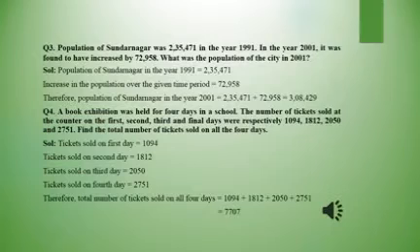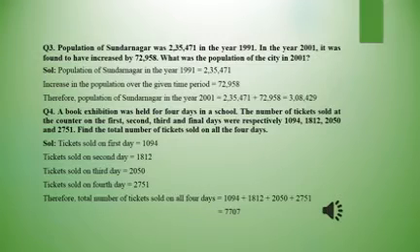So next is question number 3: the population of a place named Sundarnagar was 2,35,471 in the year 1991. Then in the year 2001, it was found that the population had increased by 72,958. So what was the population of the city in 2001?